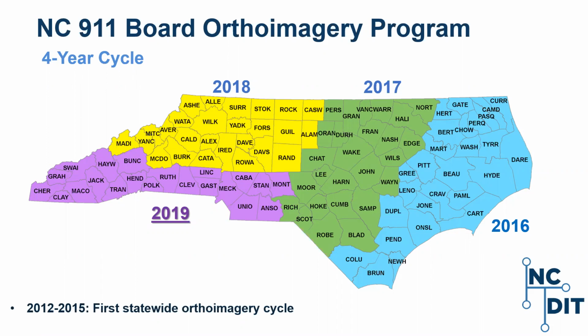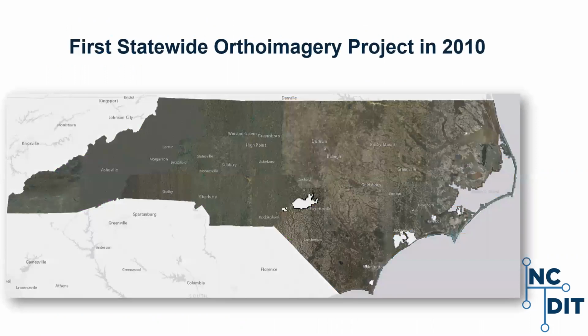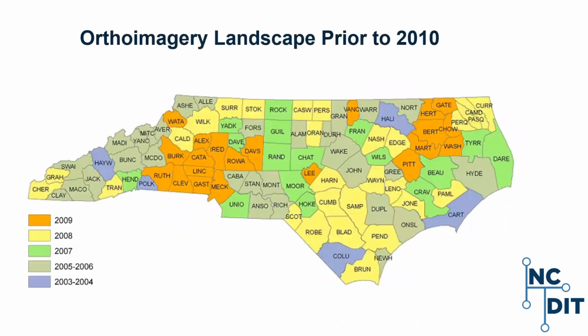And one thing I'll say about the funding side of this, I've got a slide for it. So before 2010 in North Carolina, it was up to individual counties to collect their own. So some counties had imagery as of 2010 that was 6, 7 years old. And the 911 board saw NextGen 911 coming, and the fact that a mobile device anywhere in the state could be calling from anywhere in the state.